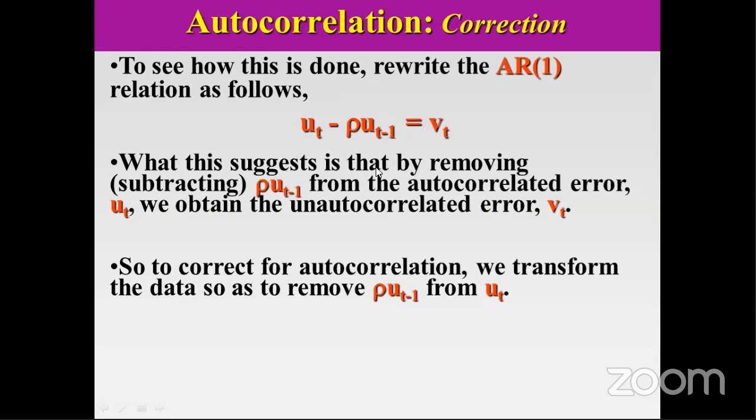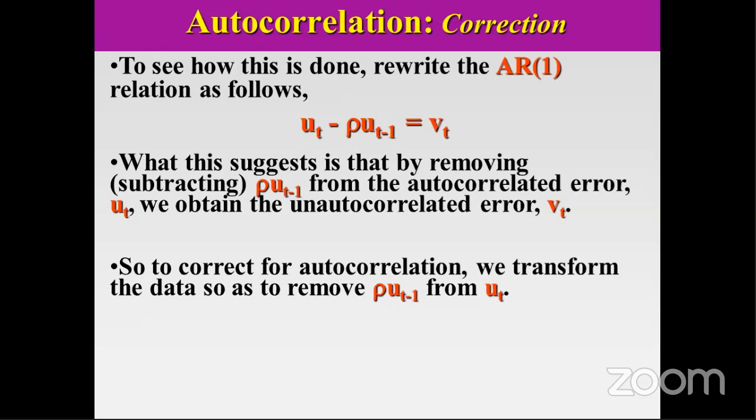What this suggests is that by subtracting rho ut-1 from the autocorrelated error term ut, we obtain the uncorrelated error vt. This we have already noted, it is an uncorrelated error term. So how to obtain this uncorrelated error term? Just subtract rho ut-1 from ut, that removes the problem of autocorrelation.